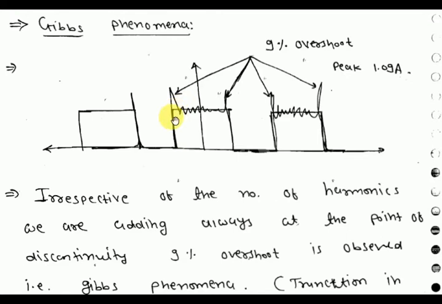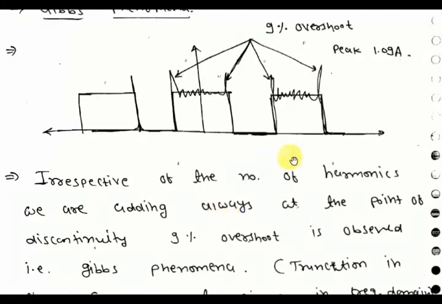Irrespective of the number of harmonics we are adding here, always at the point of discontinuity, a 9% overshoot is observed. That is Gibbs phenomenon.